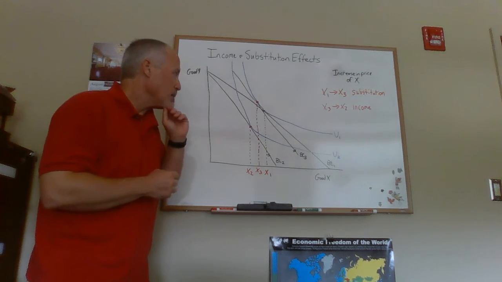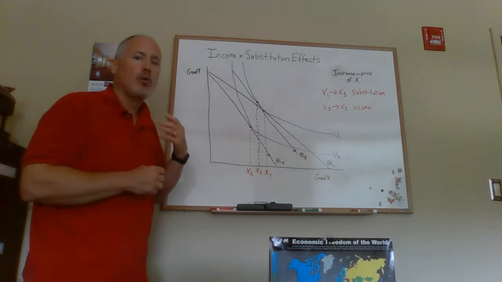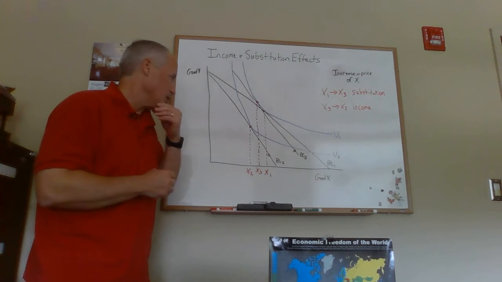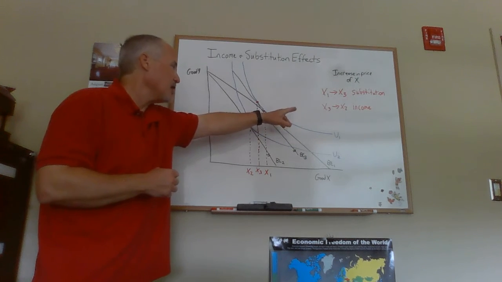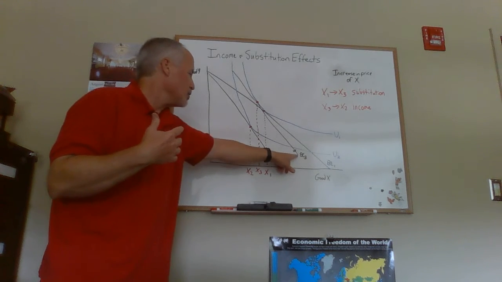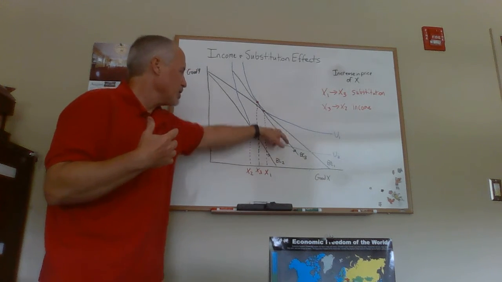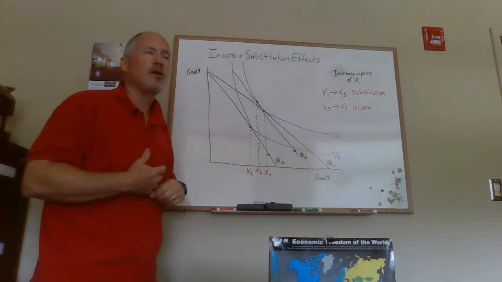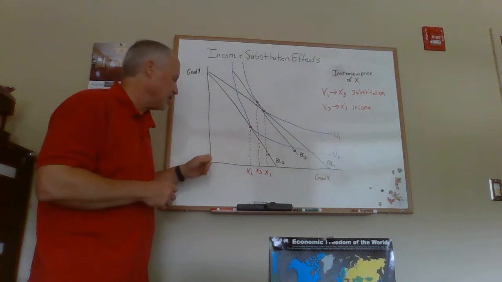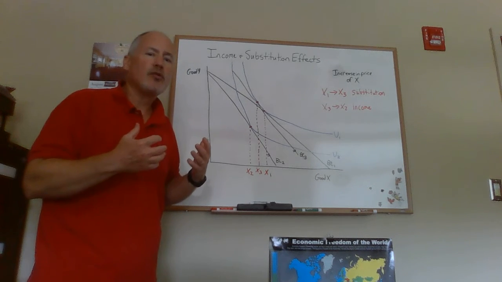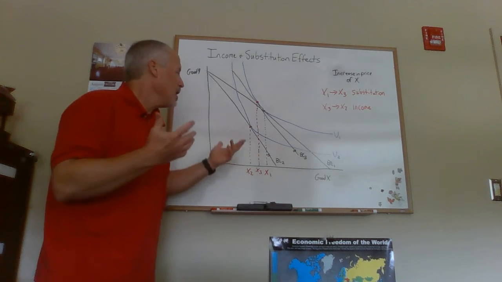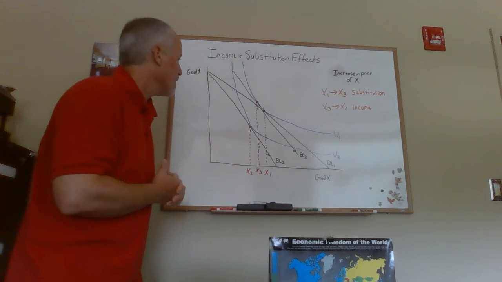The income effect depends on whether this is a normal or an inferior good. In this case, we have a normal good because the price of X goes up, so it's a decrease in real income. Reflecting BL3 and BL2, you can see the budget lines shifting toward the origin here, and therefore BL2 has a lower income than BL3, or there's a decrease in real income.